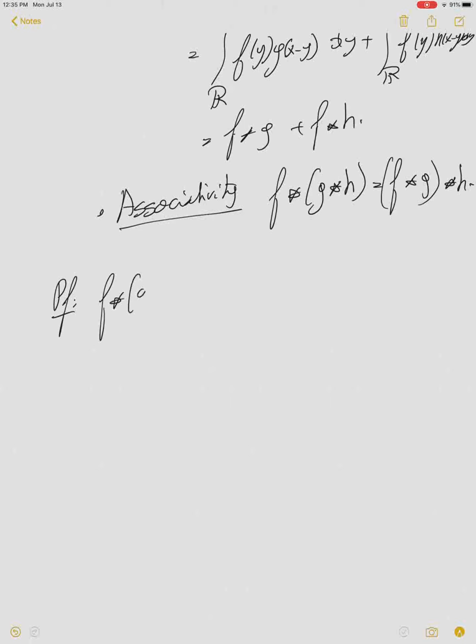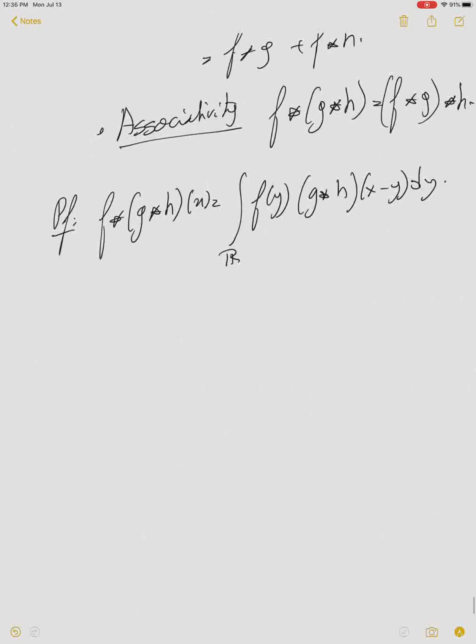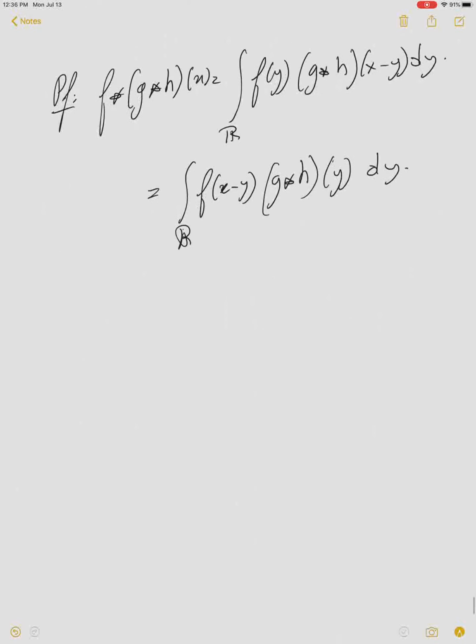So f convolved with (g convolved with h) at x is the integral over R of f of y times (g convolved with h) at x minus y dy. Now I will write this, using symmetry, as the integral of f of x minus y times (g convolved with h) at y dy.